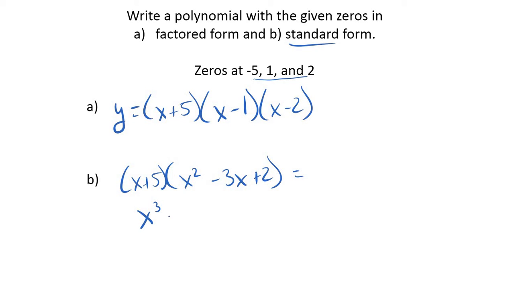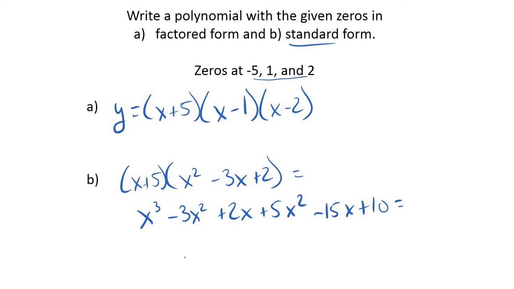X cubed minus 3x squared plus 2x. Now take a 5 through everything, so plus 5x squared minus 15x plus 10. Again, just keeping track of everything, make sure we do the x through everything, the 5 through everything.